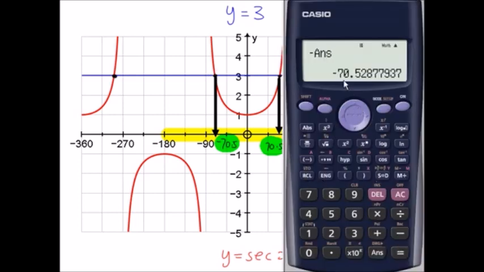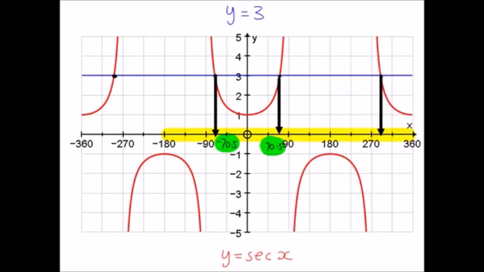So if I start off with minus 70.5 for this angle and add 360 to get the one on this side of the graph, I get 289 degrees. So this is 289 degrees. That's my third solution there.